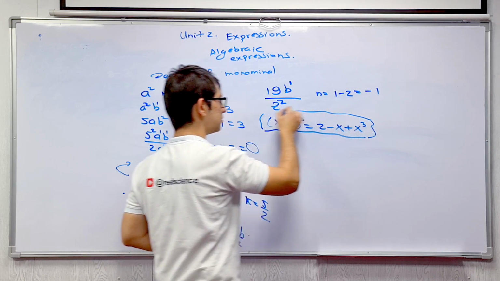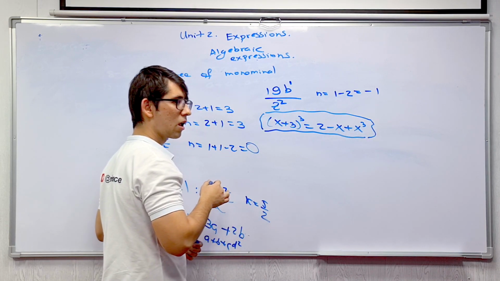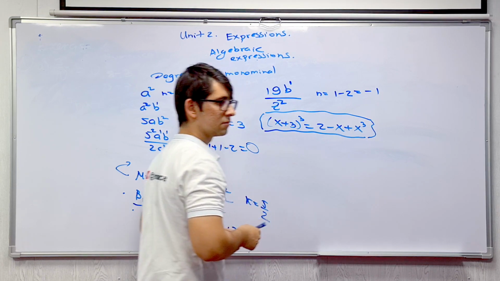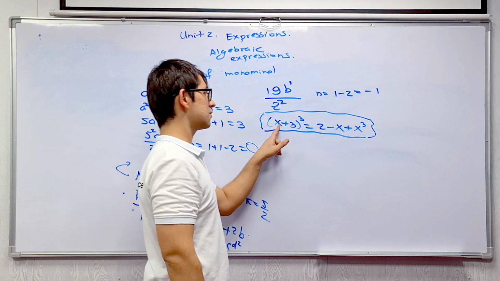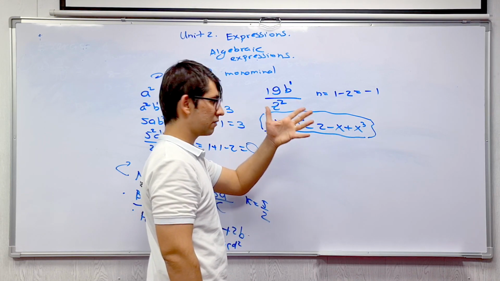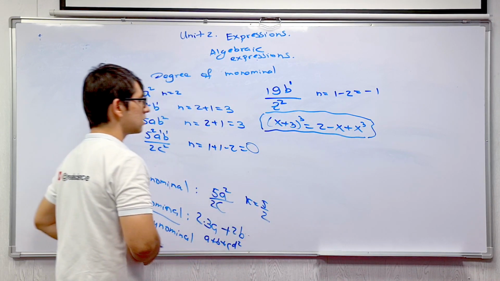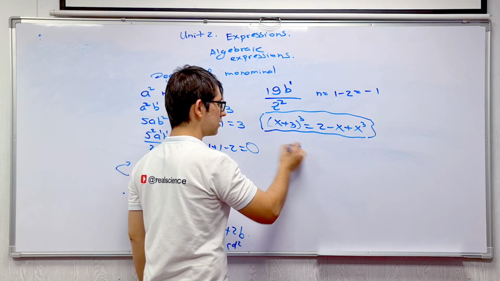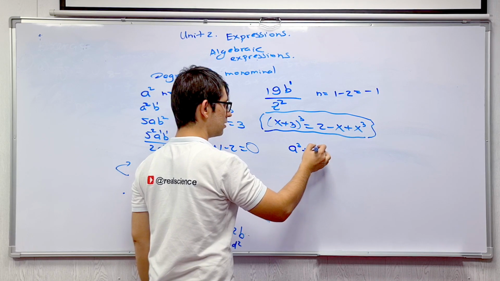Are they equal? No, they are not equal. They might be equal in certain cases, when your variable x is some number that satisfies this equality. So we will come back to this.